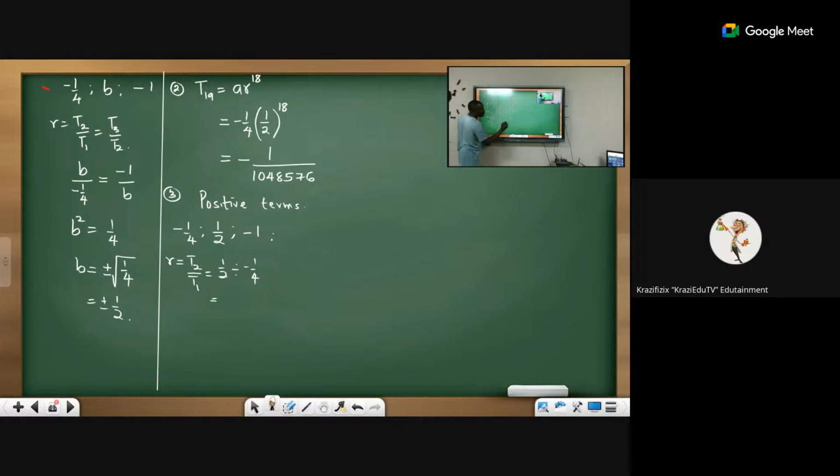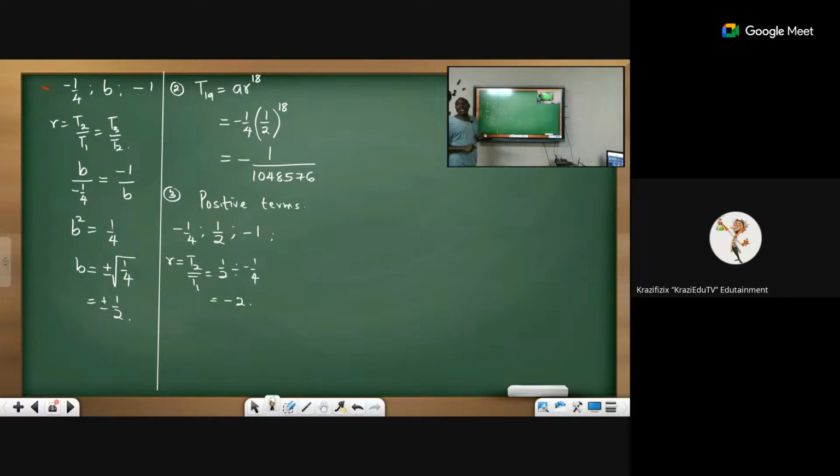What's your answer? It's -2. So if you keep multiplying by a negative, what do you notice? T1 is negative. Multiply by a negative, you get a positive.